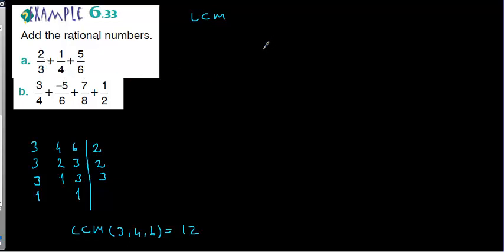And 2 over 3 plus 1 over 4 plus 5 over 6 becomes: with what do I need to multiply to make 12? For the 4, the number is 3. For the 3, the number is 4. And for this one, by 2.